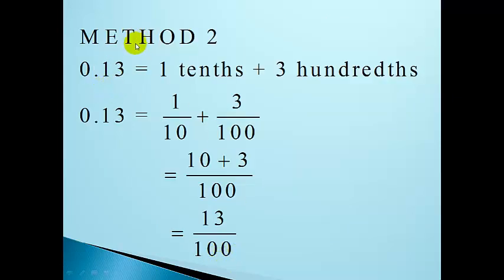Now let's look at method 2 in converting decimal fractions to fractions. Now 0.13. When we consider 0.13, the first digit after the decimal point is 1, and that 1 is occupying the tenth position, and so 0.13 is equal to 1/10 plus 0.03.